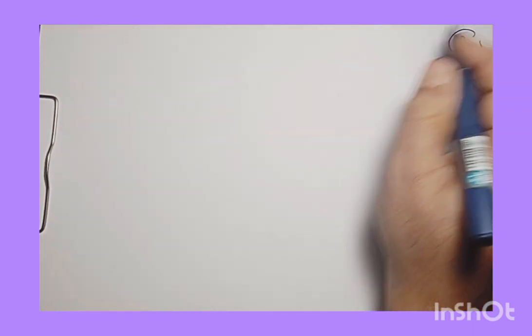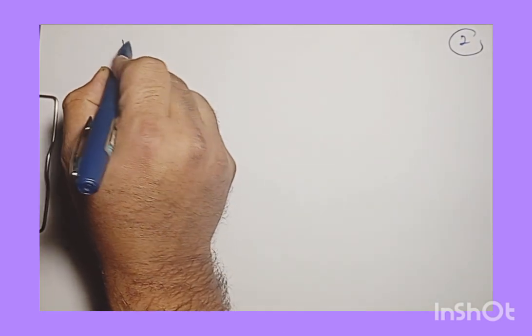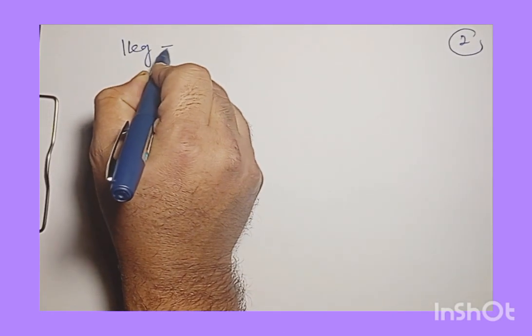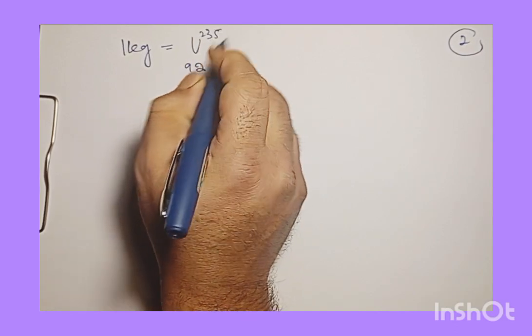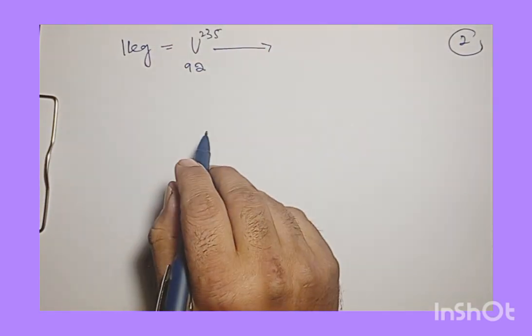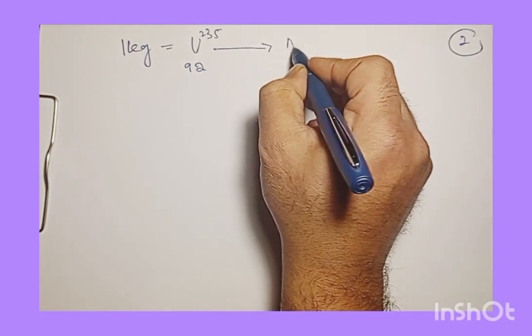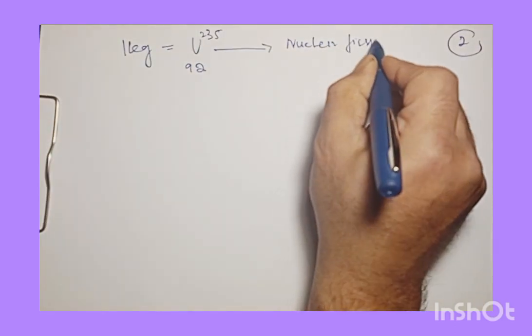we produce more energy. Now, to do that, let me consider 1 kilogram of uranium 235 and 92, and this much uranium will undergo a nuclear fission reaction.